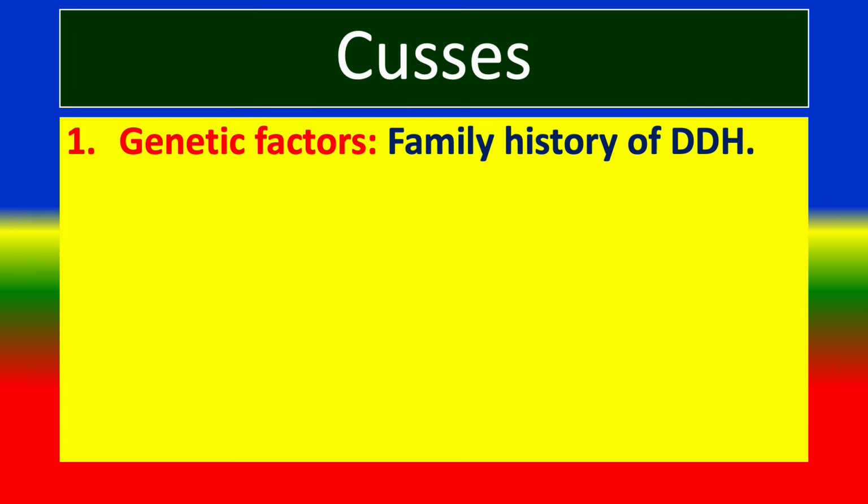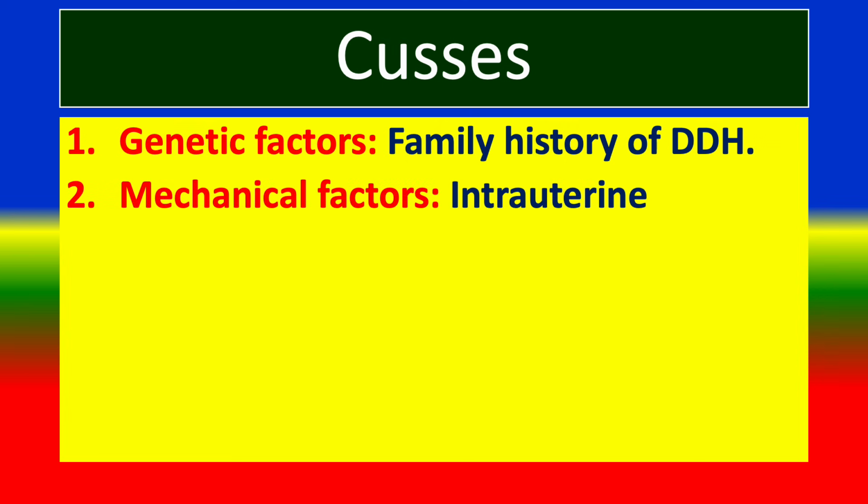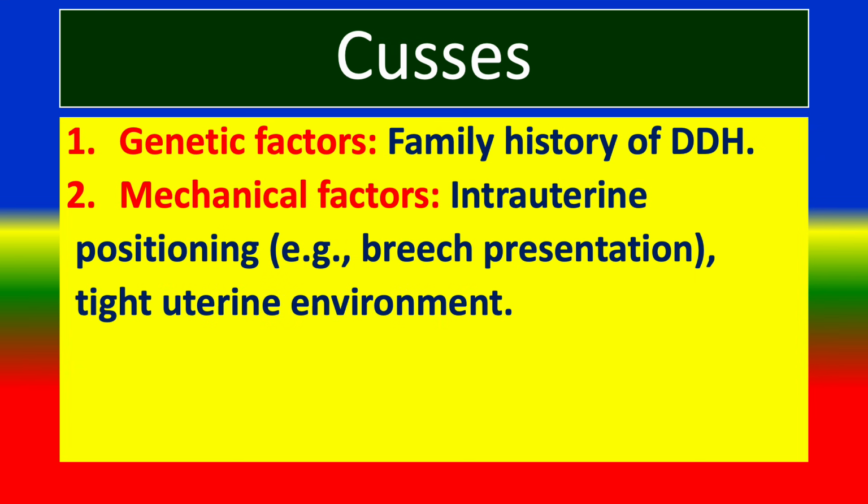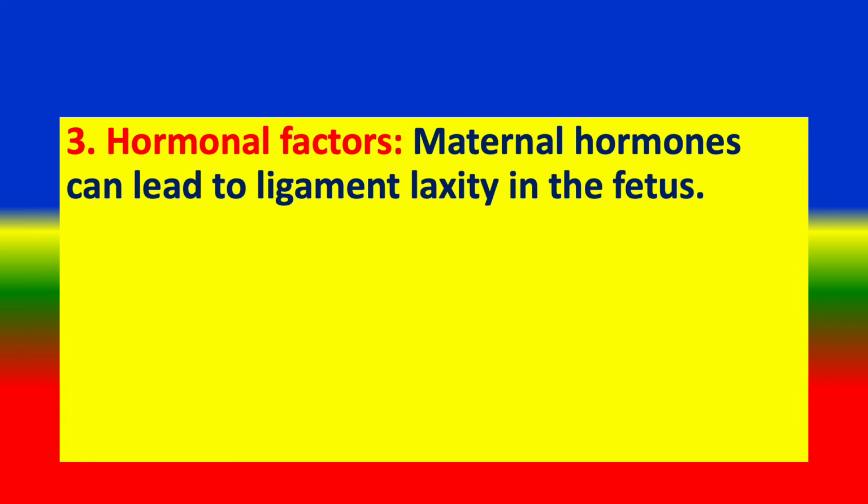Causes: 1. Genetic factors, family history of DDH. 2. Mechanical factors, in utero positioning, for example breech presentation, tight uterine environment. 3.